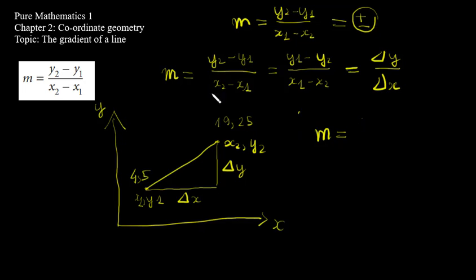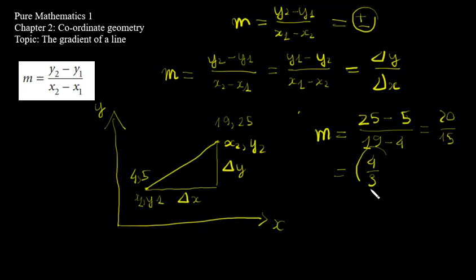First I use this formula: 25 minus 5 over 19 minus 4 equals 20 over 15, which is equal to 4 over 3. So 4 over 3 is the slope of this line.